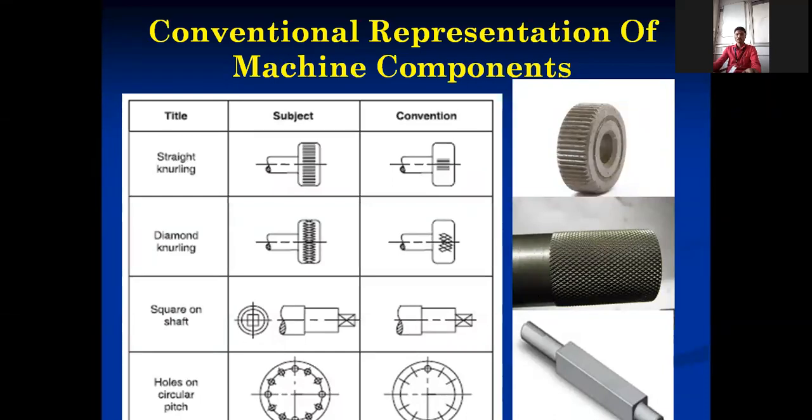So components also we have seen. What are the components which we have gone for? Anybody can give an answer. Which components have we seen which have knurling?